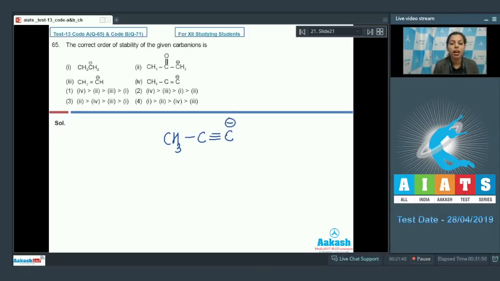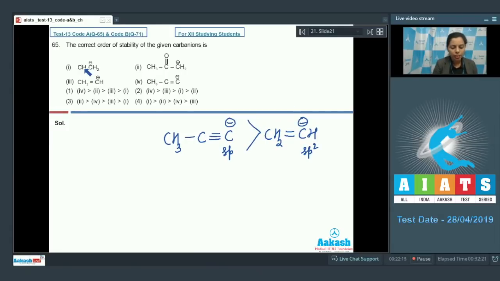In this case, this carbon is sp hybridized, more electronegative. It means this is most stable carbon ion. We have to check further options also. If I talk about the next one, CH2 double bond CH given in third one, this one. This is sp2 hybridized carbon. It was sp hybridized carbon. Less electronegative character is here. So this is more stable as compared to the second one.